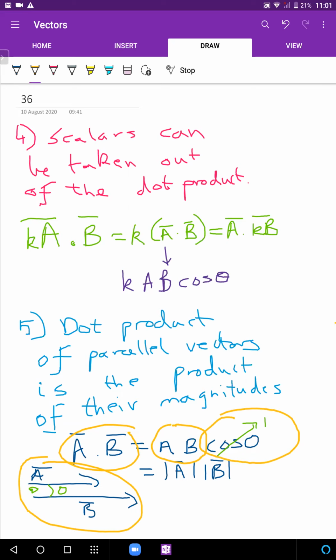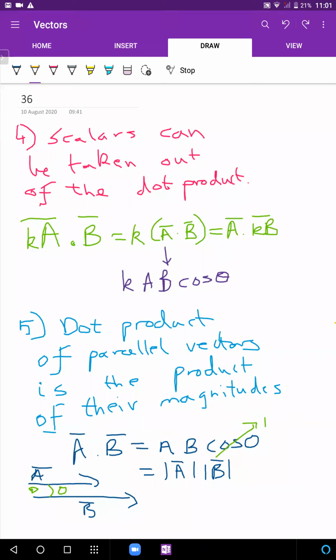Very nice. Because cos 0 is 1, dot product कितना हो रहा है? Simply A into B हो रहा है. Product magnitude of A into magnitude of B हो रहा है. So the dot product of two parallel vectors is the product of their magnitudes. Is A into B. थोड़ा stress करके mod A bar mod B bar लेकर. It's basically A into B.